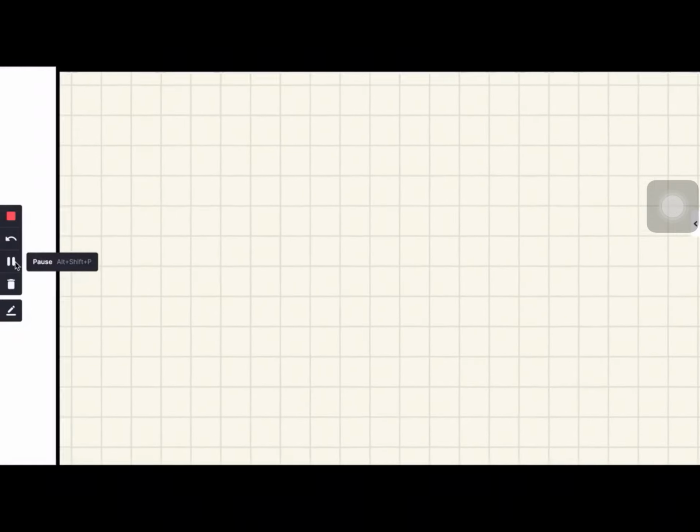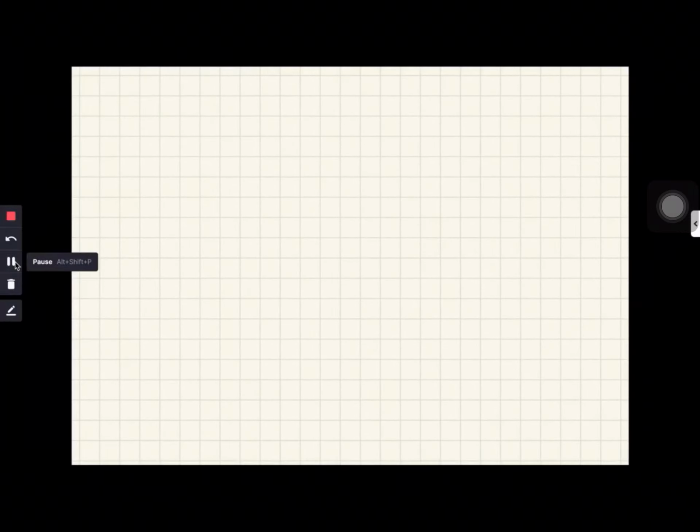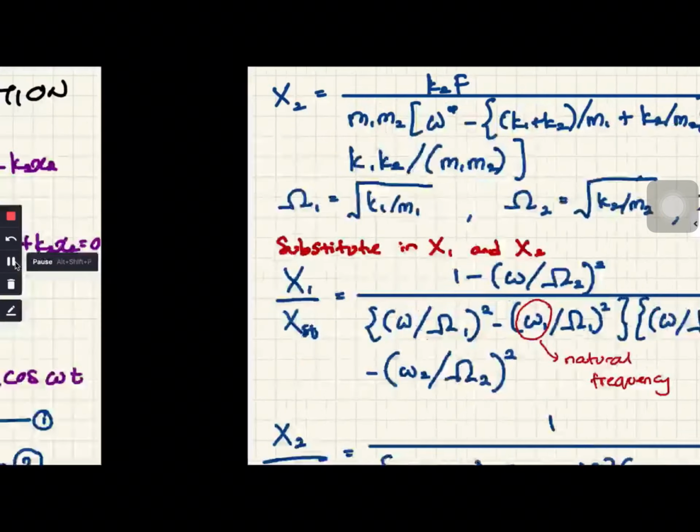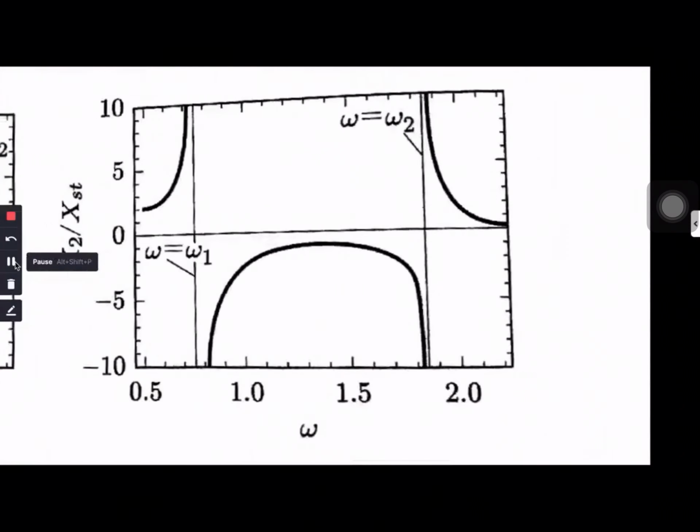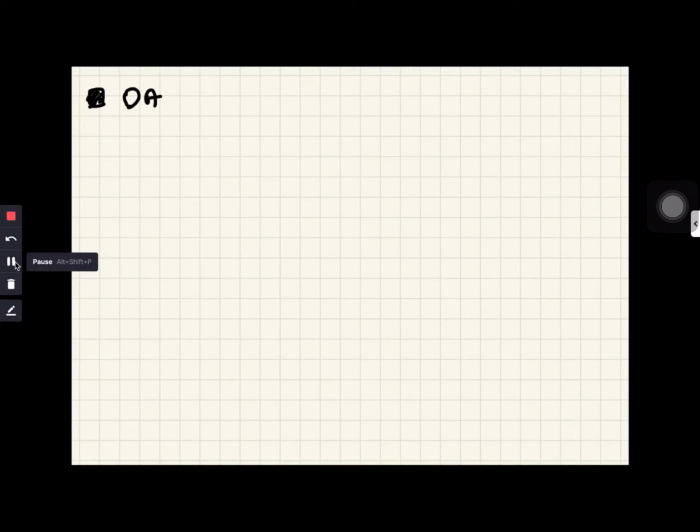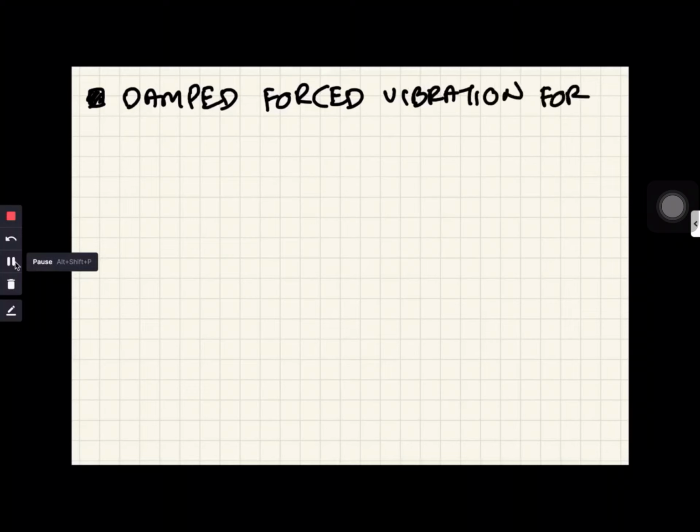Okay, so the second one is in terms of damped vibration for a 2 degree of freedom system.